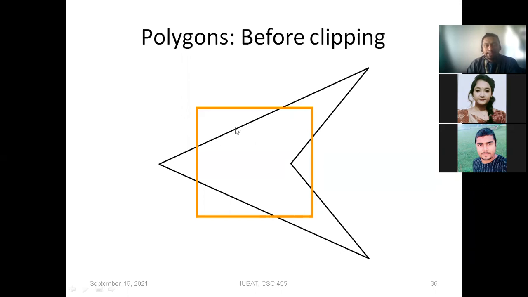Now, whatever points it is creating, say this is the intersection point, say I, so I is an entering point. Say this is J, this point is a leaving point because the polygon is going outside. Okay, or for this one, K is an entering point, right?